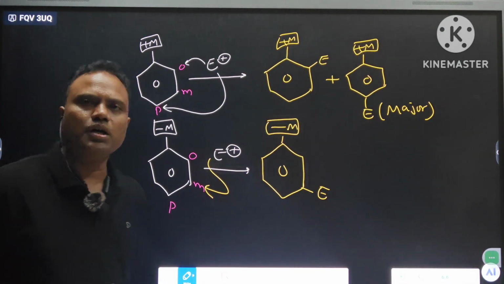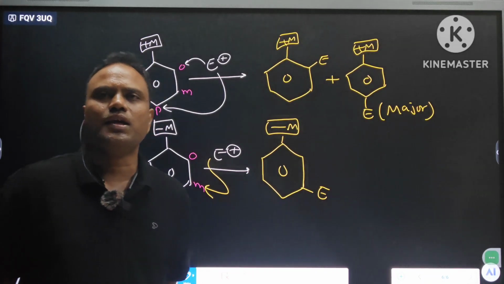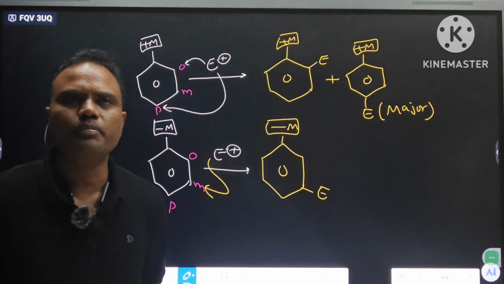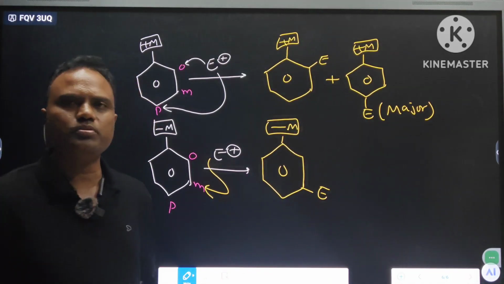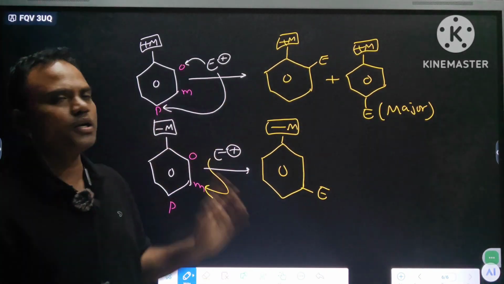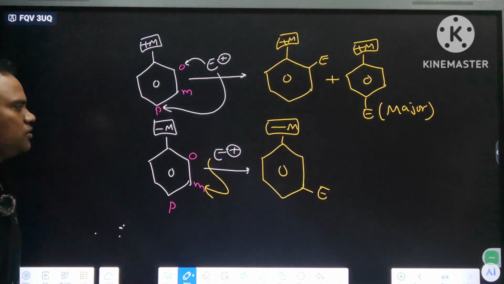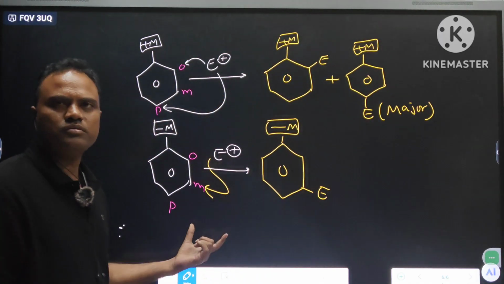OH group on the benzene ring is ring activating group and ortho-para directing group. Very, very important statement. Okay, write that statement. Shall I clear this?